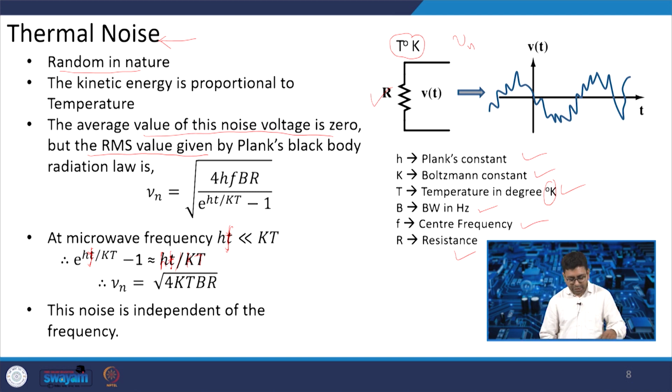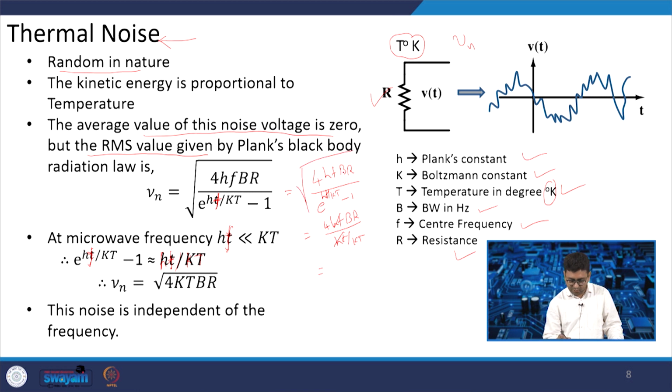So you can replace this in the equation. We have 4hfBR divided by e raised to hf by kT minus 1, which becomes 4hfBR divided by hf by kT. The hf will cancel out and you will get the square root of 4kTBR.